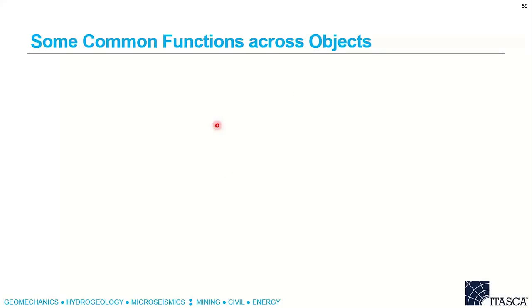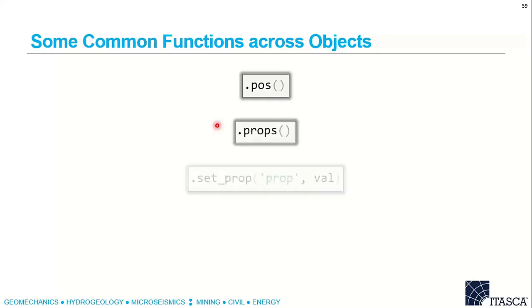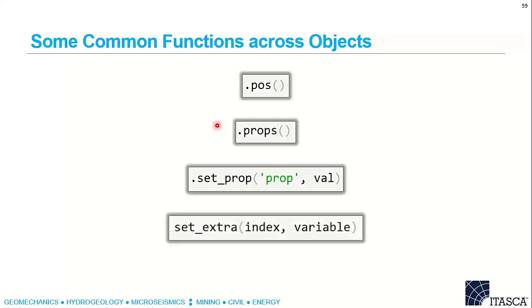There are also common functionalities across objects. For example, getting the position of an object, its property values, setting the property value with the string of the property and a new value, as well as setting an extra variable with the index of that variable as well as the variable itself.